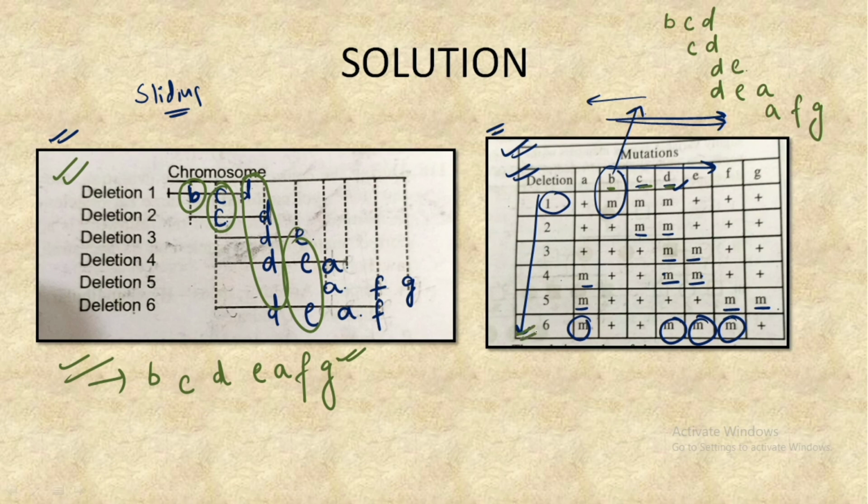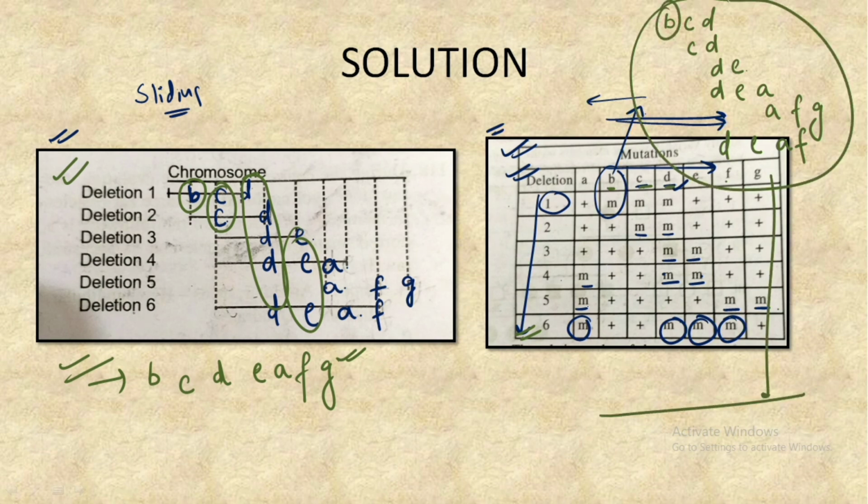And in the sixth one we have D, E, F and A. Write down D, E, F and A, and after getting this complete order, write down the final order one letter at a time. First we have B, then C, then D, then E, A, F and G. You can see that in both methods we find the same answer.